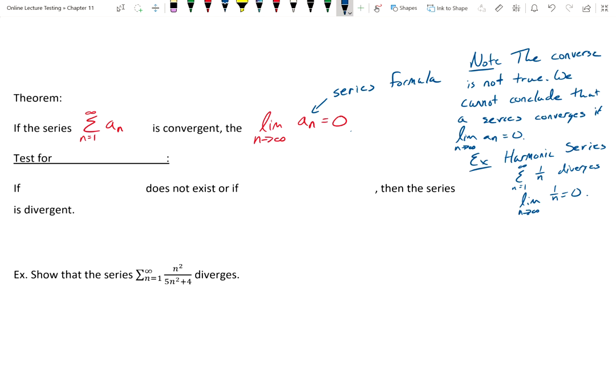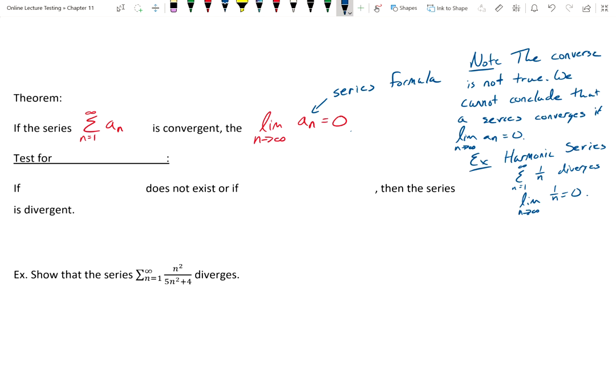So again, this is a one-way street. If the series is convergent, then its limit is equal to 0. Well, this actually gives us an idea. Think about this. This is the only way that we know that a series is convergent. So a series is convergent if this happens.